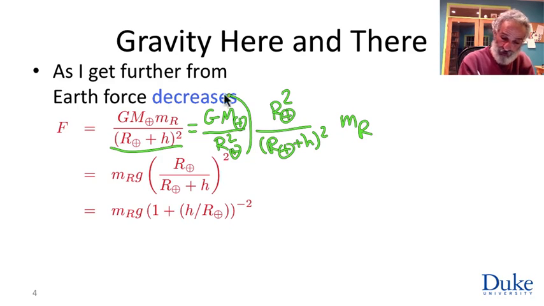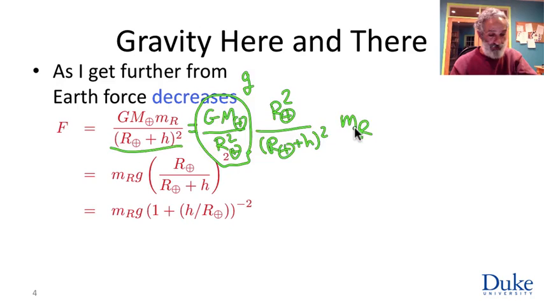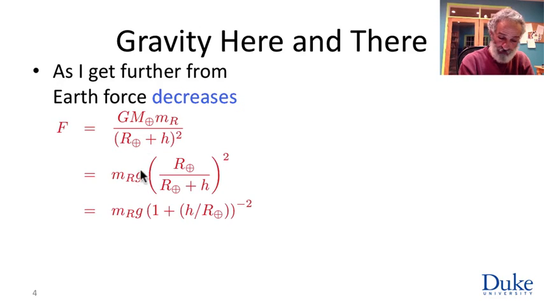And then I recognize this combination as what we previously called g. When h is 0, this quantity is 1, and I'm back to the surface. So in the second line, I'm rewriting this as my weight on the surface of the Earth times a dimensionless number that indicates how much it's decreased, and then I simplify this, dividing numerator and denominator by the radius of the Earth to get this expression.